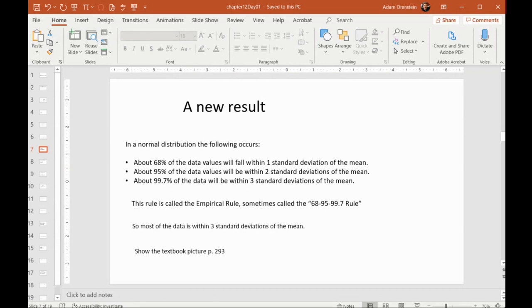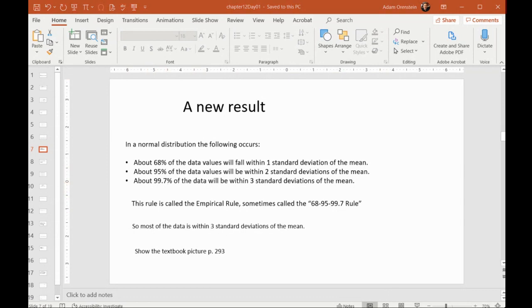Whereas if you go out 2 standard deviations, about 95% of the data values will be there. This goes along with what I said earlier, that the further a data value is from the mean, the less likely it is to occur, the less frequently it will occur. And this is saying that within 3 standard deviations of the mean is most of the data going to be. Most of the data.